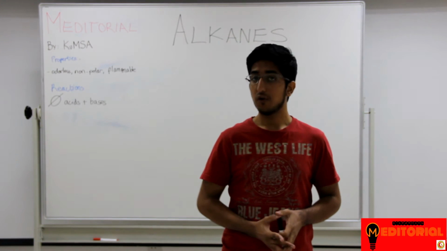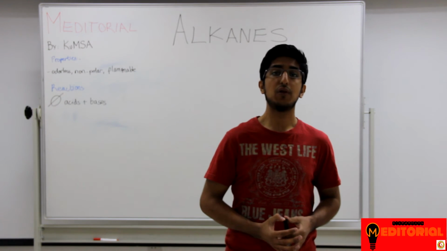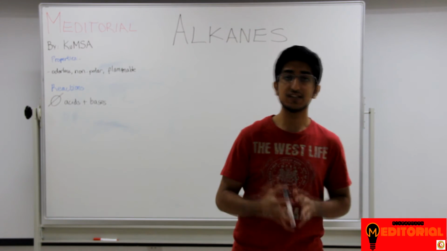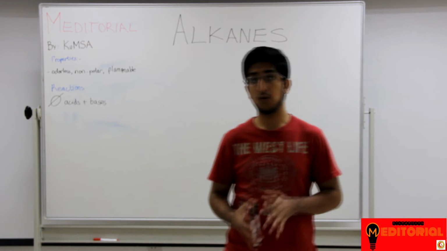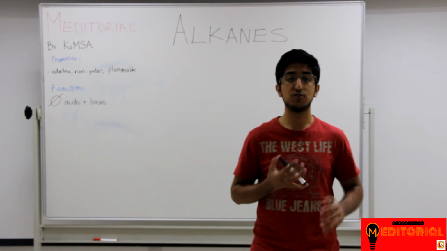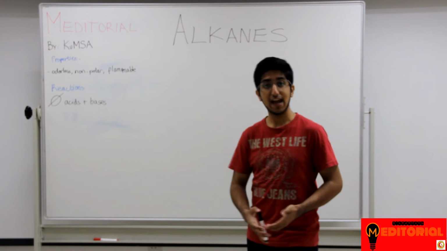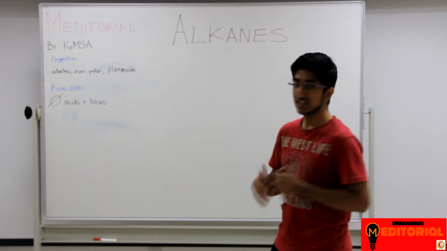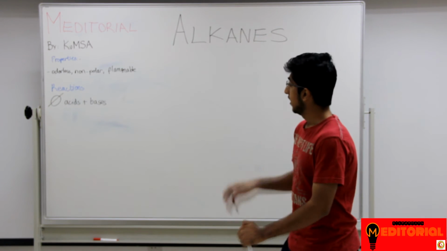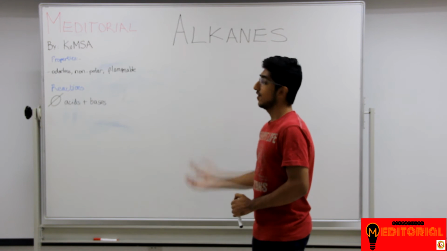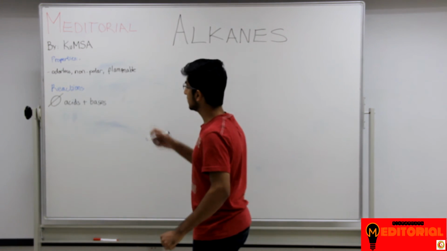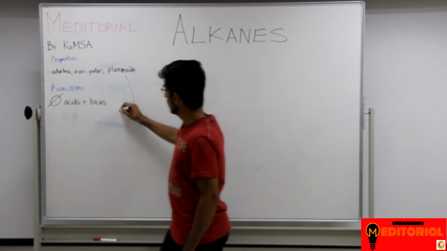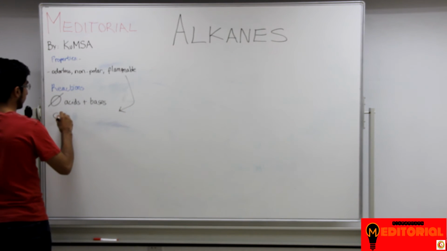Because it's non-polar, that means it's insoluble in water. Because small polar molecules or ionic molecules can dissolve in water. Anything else can't. So alkanes are insoluble in water. The last point is they're flammable. And because they're flammable, that leads to a reaction that they can do, which is combustion.